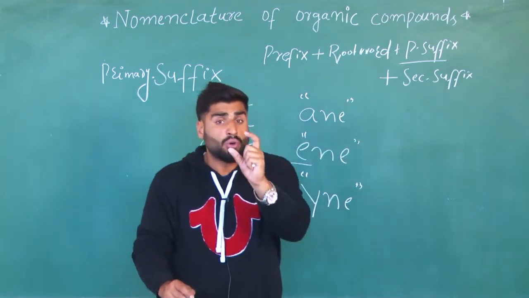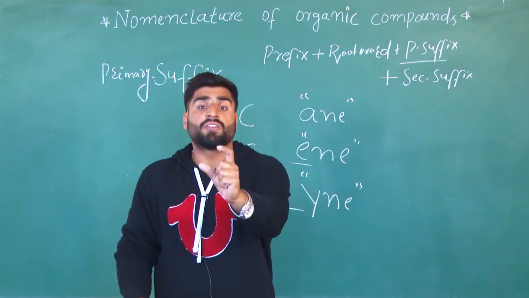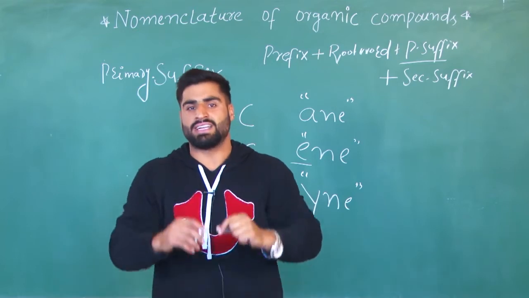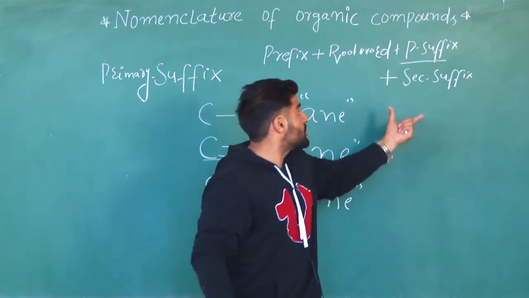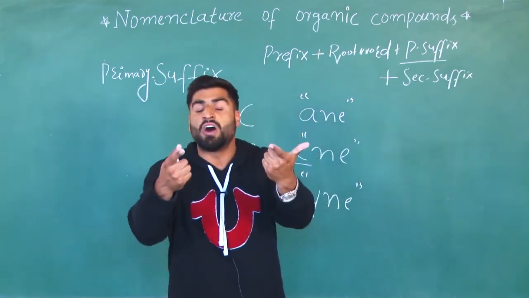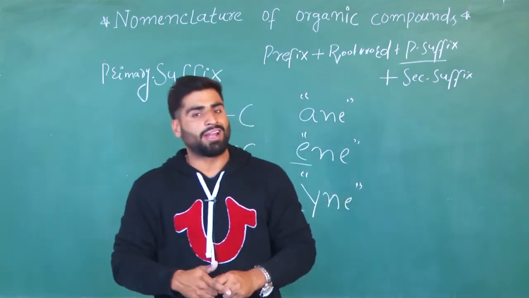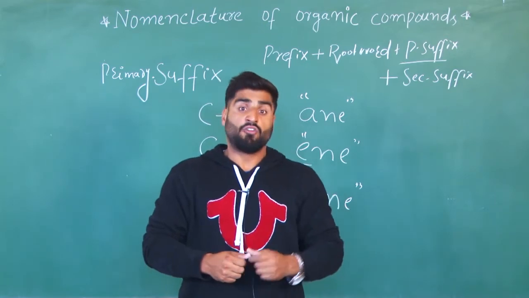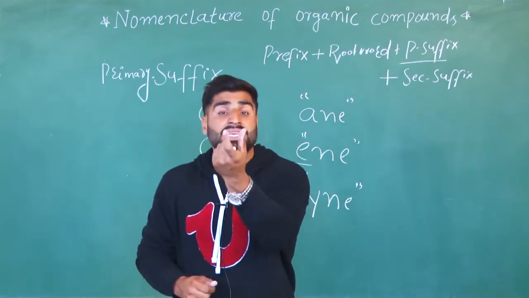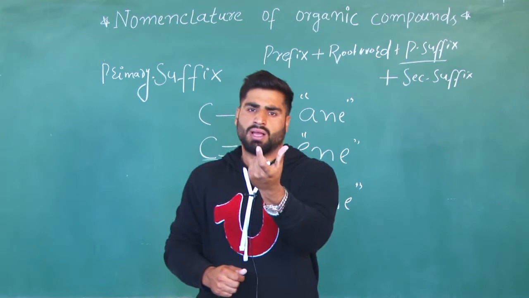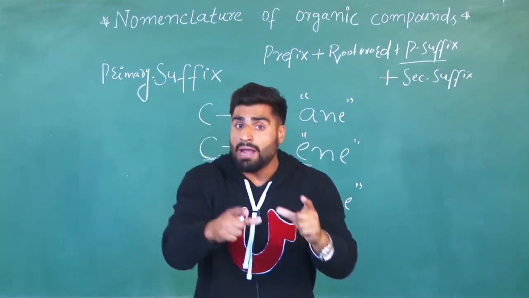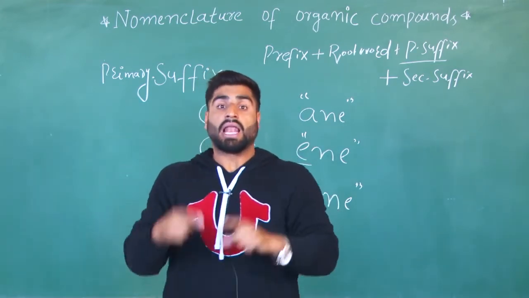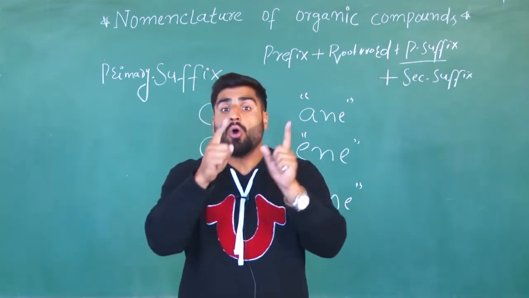So, the story goes like this. The secondary suffix simply indicates the nature of the functional group, the type of the functional group present in an organic compound. What is a functional group? A functional group can be a single atom, like oxygen, like sulfur, or it can be a group of atoms, like OH, like COOH.